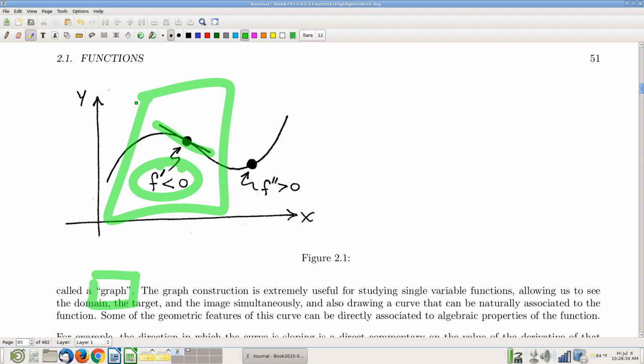So this is a big deal. You've got to make a distinction in your mind going forward. Whenever you see a picture, you have to ask yourself, wait a minute, slow down. What am I looking at here? Is this a graph? Is this a level set? What am I looking at? And then whatever calculus you're dealing with, you have to ask yourself, in this context, what does the calculus look like?